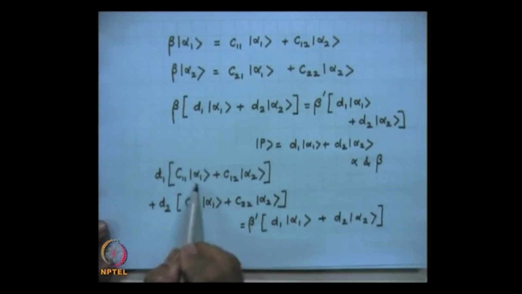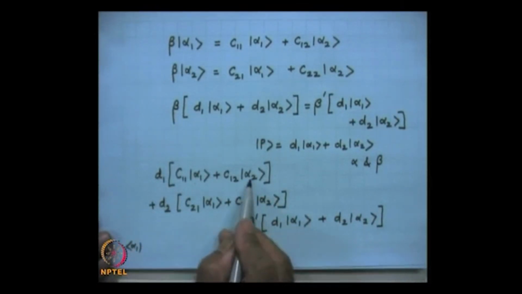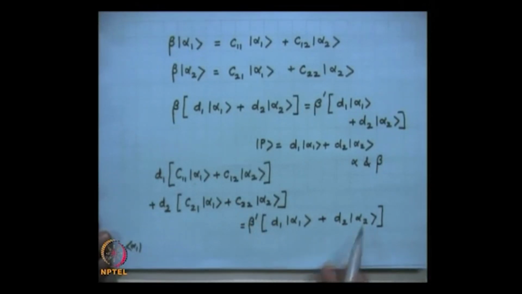Now, ket alpha 1 and ket alpha 2 are orthonormal kets, and so therefore, I can multiply by bra alpha 1. Then this term will go to 0, this term will go to 0, and this term will go to 0.